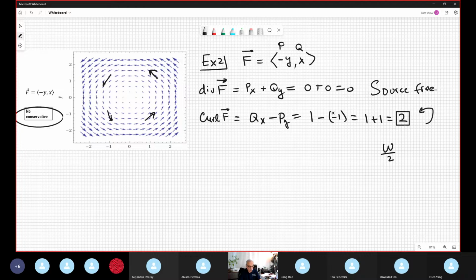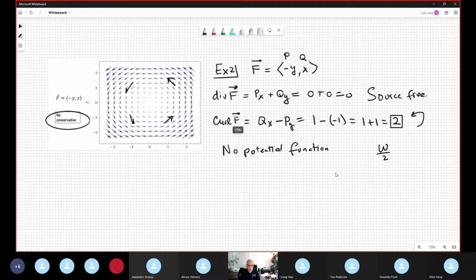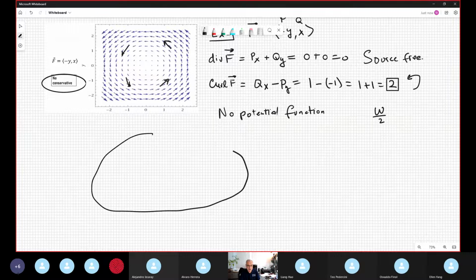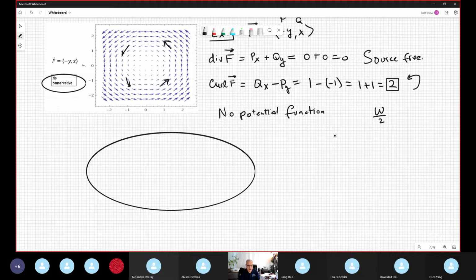Therefore, we have no potential function. It's important, guys, to understand. If, for example, we study the definition of a vector field, this circle indicates the set of the vector field.